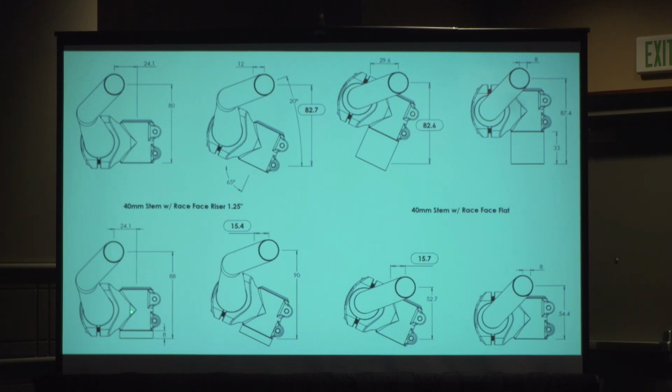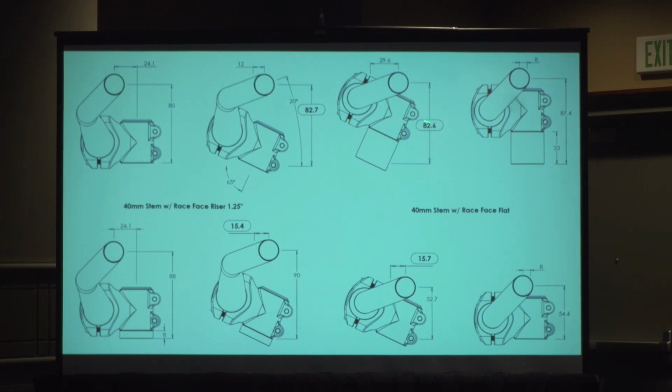Here I'm showing a 40 millimeter stem with flat Race Face flats, 185s or whatever, and Race Face 1 1/4. Same stem, and I've got it at a 65 degree head angle, very common head angle, 20 degrees of sweep angle from horizon. And I'm showing the different positions that we end up in.